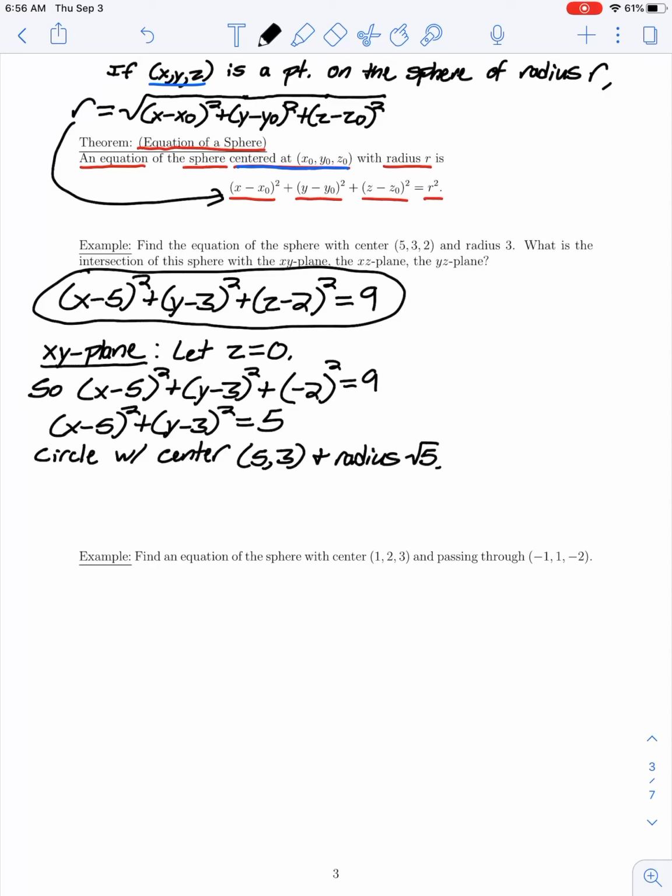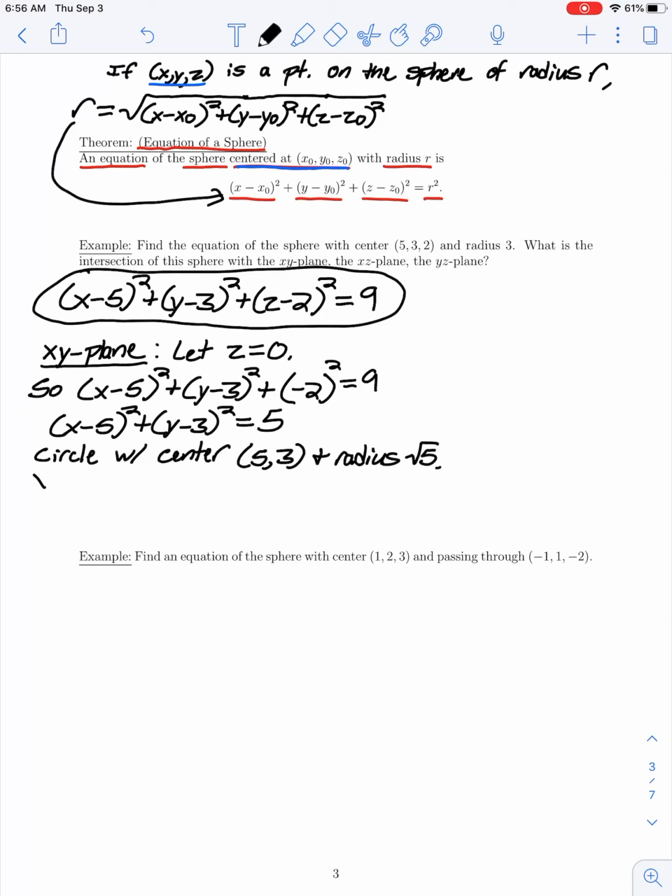So that's saying if we're slicing our sphere through with the xy plane, we would get a circle. And that makes sense. If we're slicing a sphere with a plane, we would expect to see a circle for that cross section. So let's look at some of the other planes.